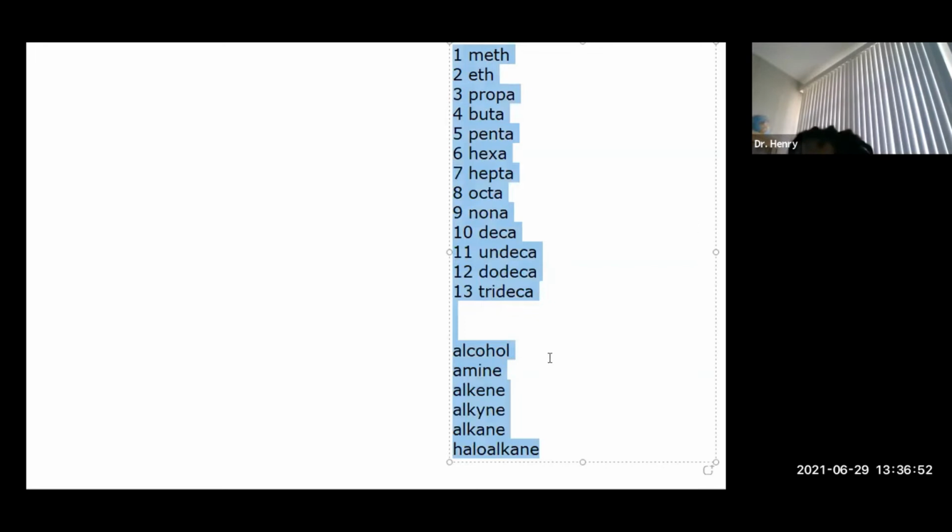Okay, we talked about some prefixes. So what is the prefix for alcohols? Not suffixes, prefixes. I'll remind you, hydroxy.